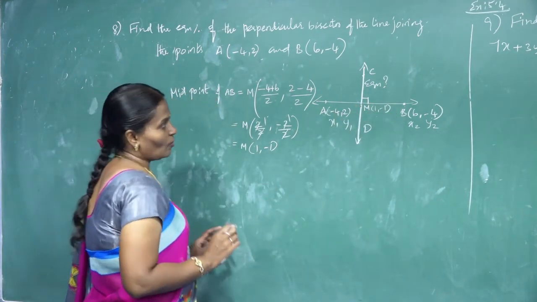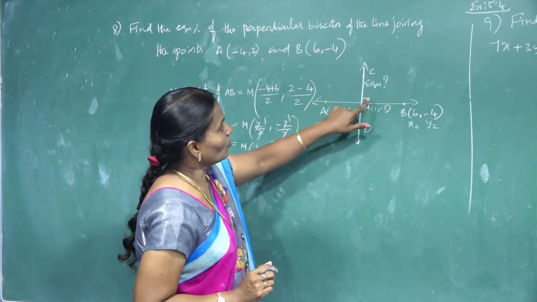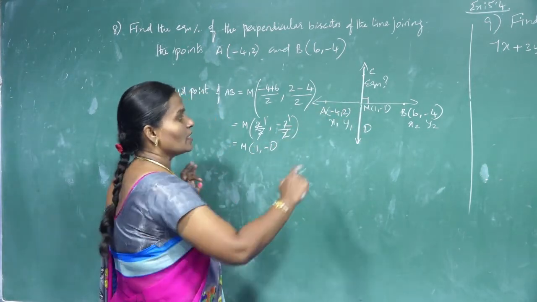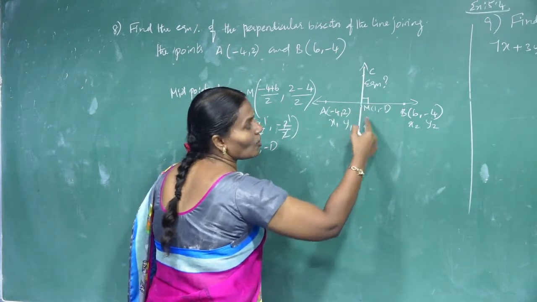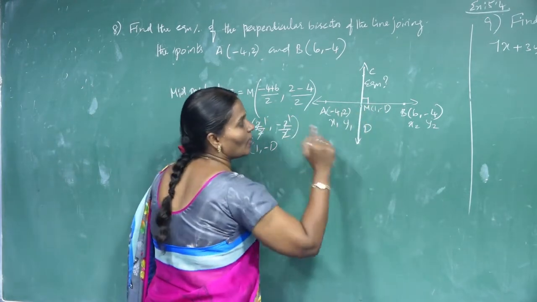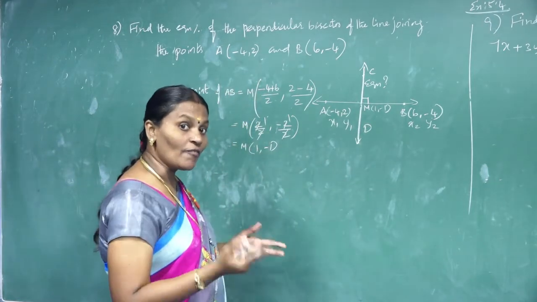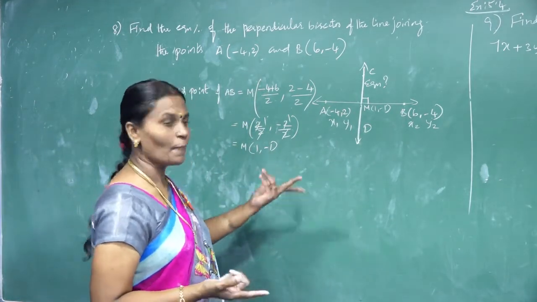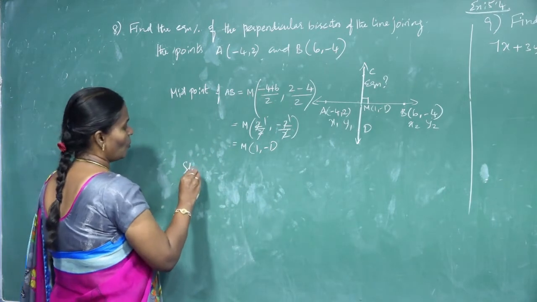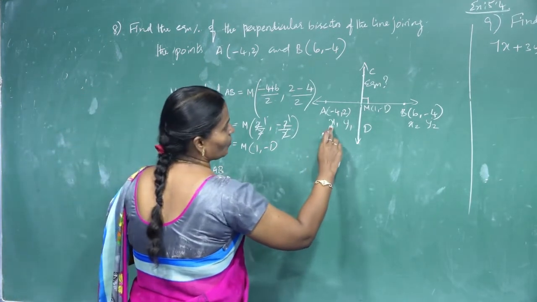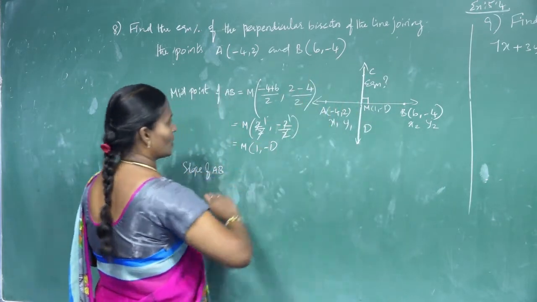Now one clue is done. What is the next clue? That is perpendicular. AB and CD are perpendicular. Now here the 2 points of AB are given, so you can find out the slope of AB. Slope of AB, here you consider x1, y1, this is x2, y2.